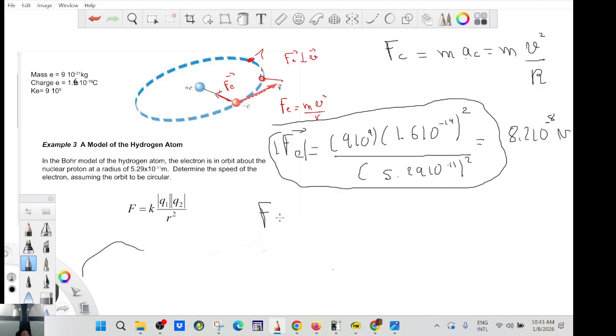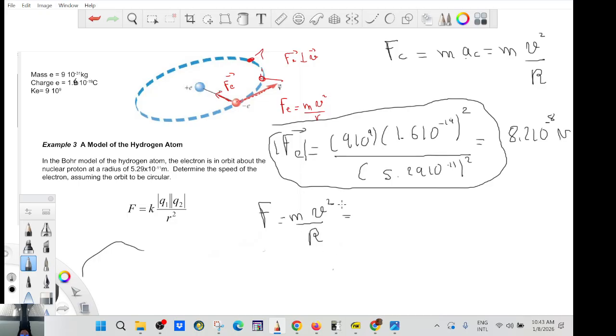So the force in magnitude equals mass times the velocity squared divided by the distance. Do you agree? So you can find the speed. Can you isolate the speed? So this is a centripetal force.